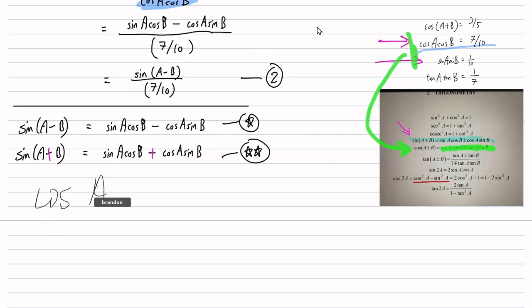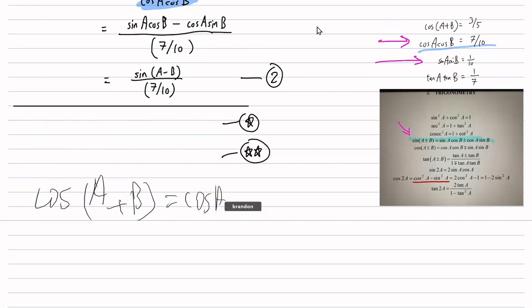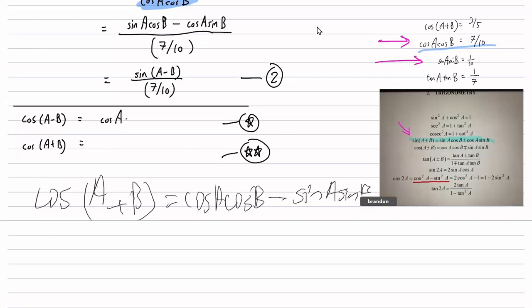Okay. So here, maybe we don't call this star and double star as the sine. Instead, we use cosine, okay? Write down the formula and then see a pattern.